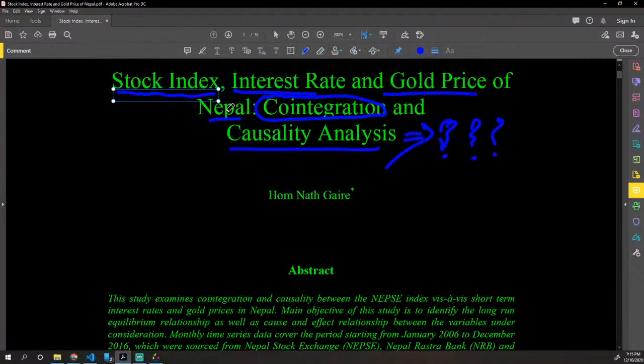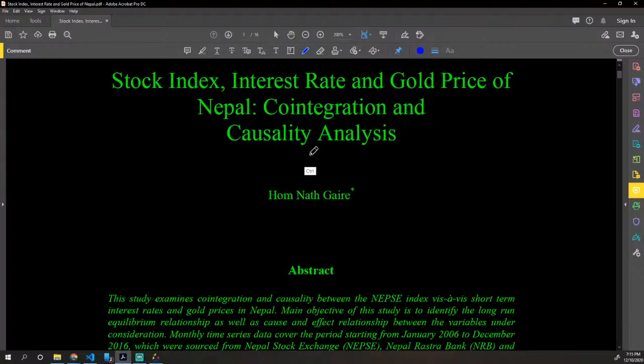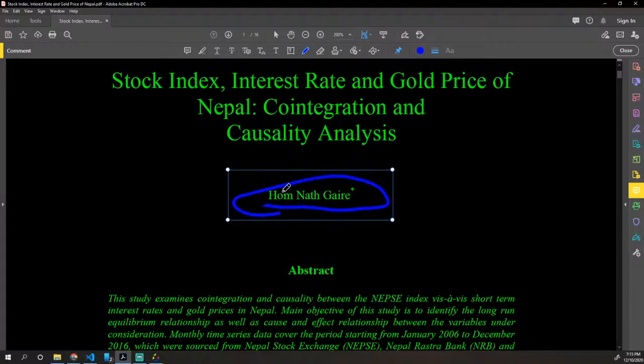How do I undo this, man? Where was it? Alright, I'll just use the shortcut key. Alright, so that is done. So it was written by Om Nath Vaide. Okay, interesting.